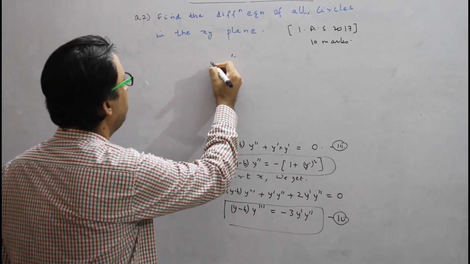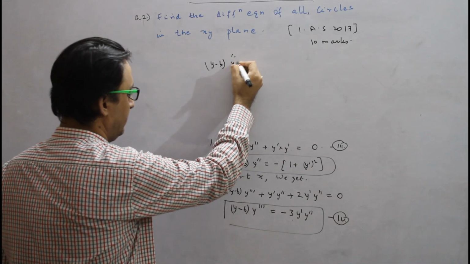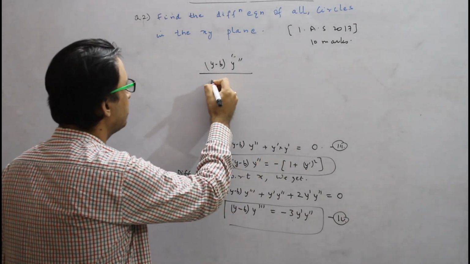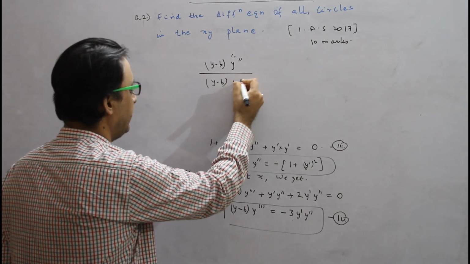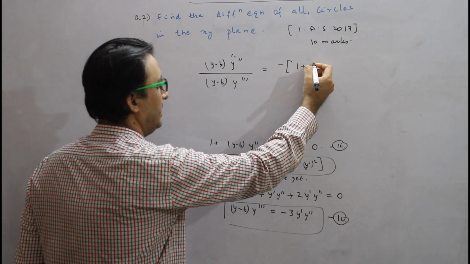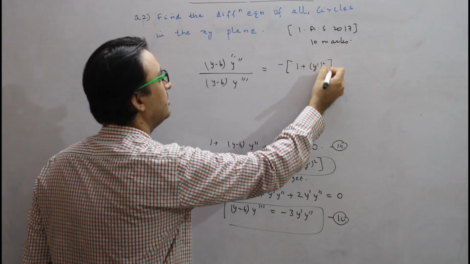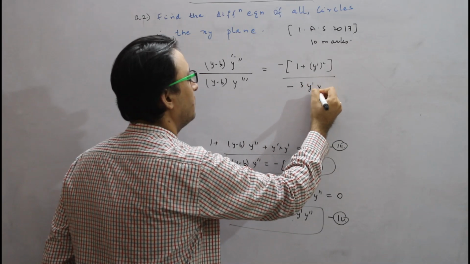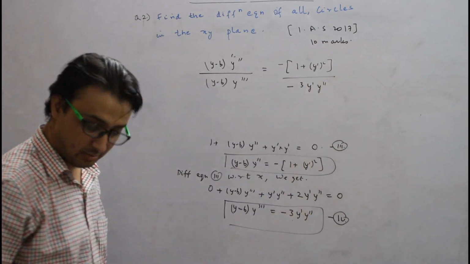So this becomes y minus b, y double dash, and this is in the denominator. I am actually dividing this one. This is y triple dash. So this is 1 plus y dash whole square. This is minus of 3y dash y double dash.